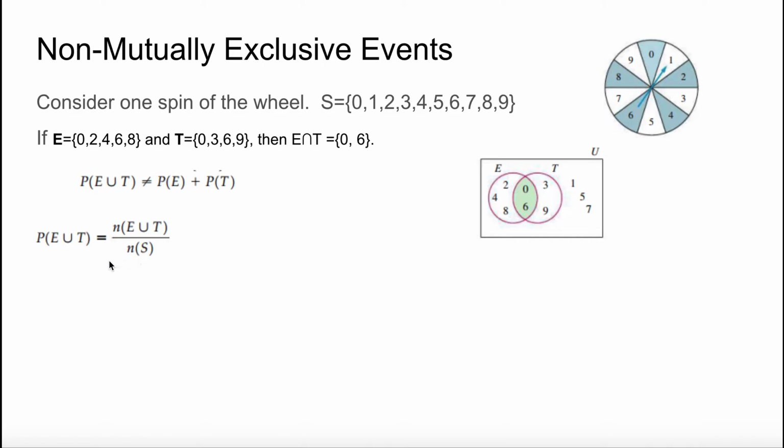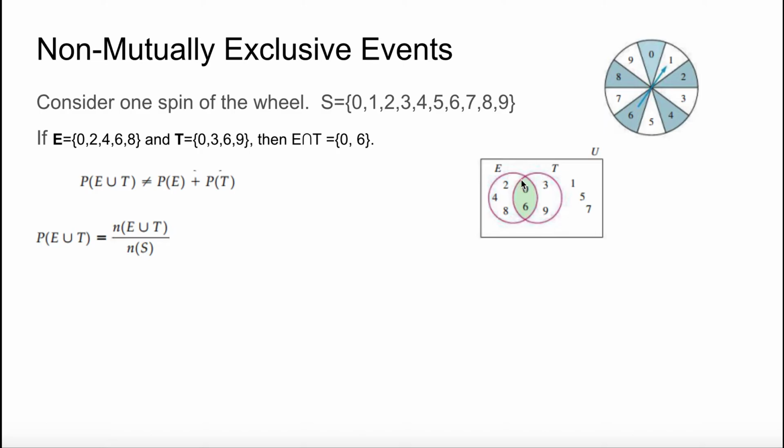So thinking about the probability of event E union T, you can find the probability of that with the same rule. You're going to count how many are in E union T, the number of elements in E union T over the total elements of the sample space, right? So what is the number of elements in the union of E and T?